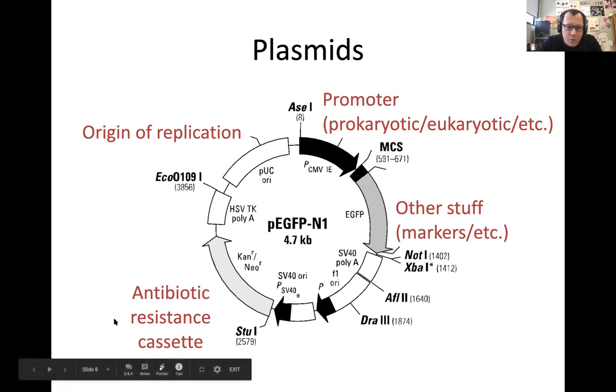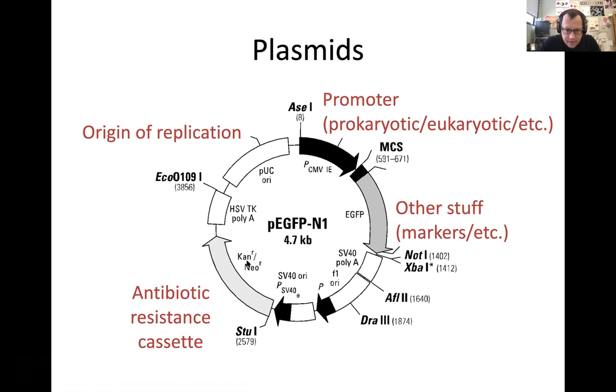Down here, we have this thing called an antibiotic resistance cassette. And this one also has a promoter, even though it's not shown specifically there. And this actually drives expression of this gene in bacteria. Okay, so this thing is actually expressed in bacteria.